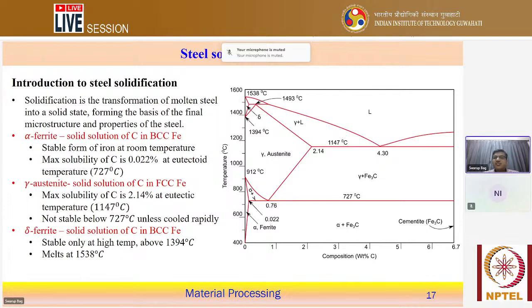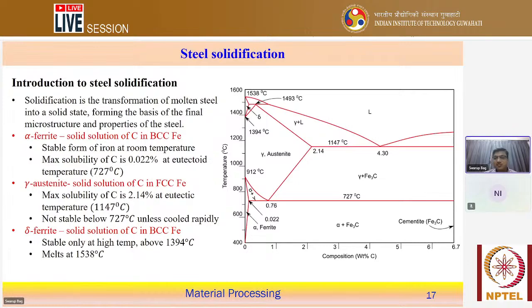Similarly, gamma austenite exists over a wide range. We can see the austenite exists over a range of carbon percentage, but the maximum solubility of carbon is 2.14%, which can dissolve in the austenitic phase, and it creates a solid solution of carbon in FCC iron.